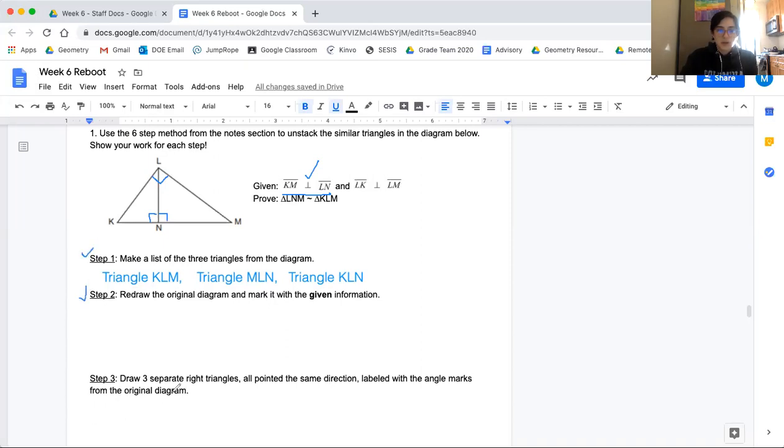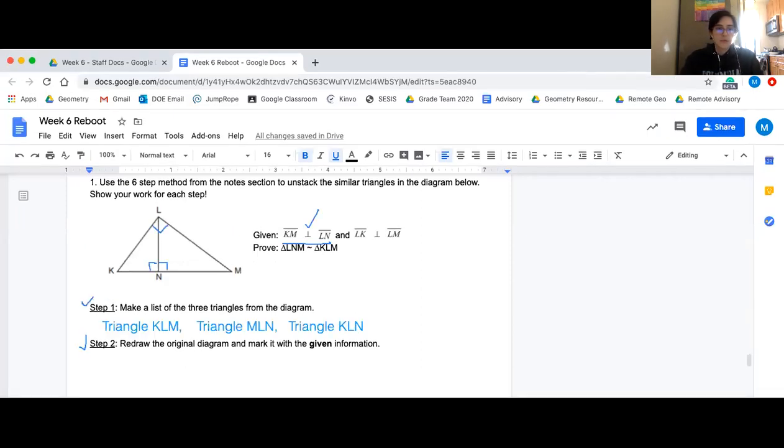Step 3, we're going to draw 3 separate right triangles, all pointed the same direction, labeled with the angle marks from the original diagram. So for this, I am going to pull up a screenshot I took where I actually put in some triangles already, because that's going to be helpful for me.